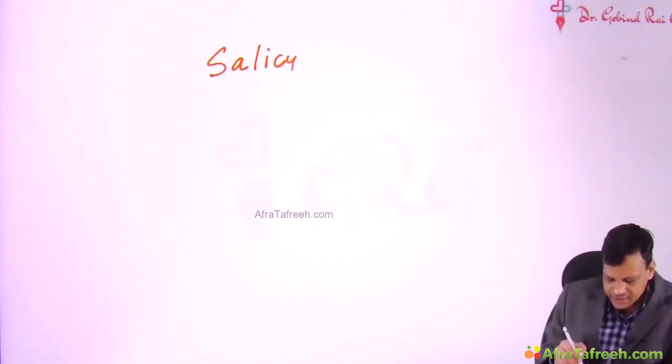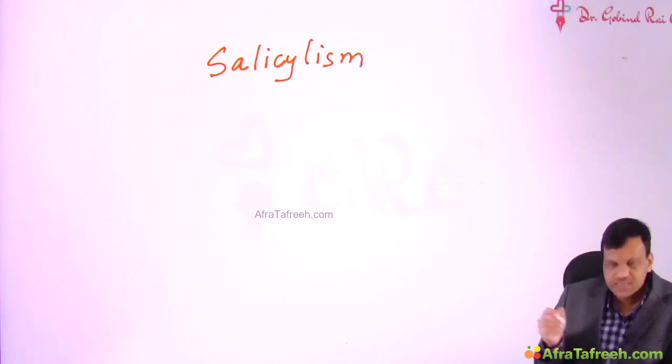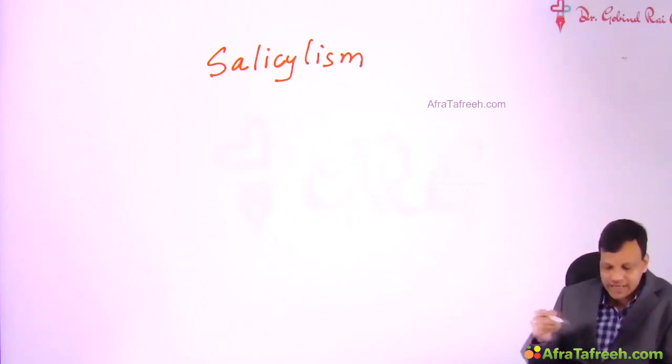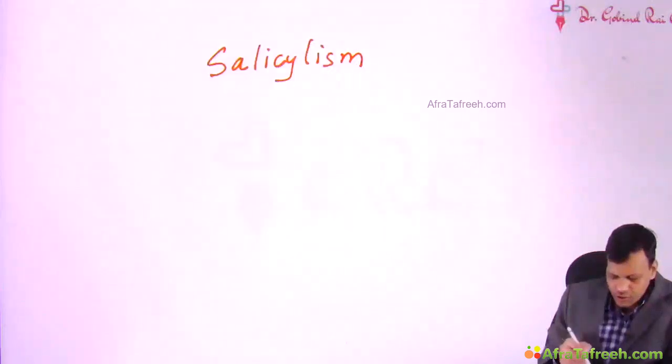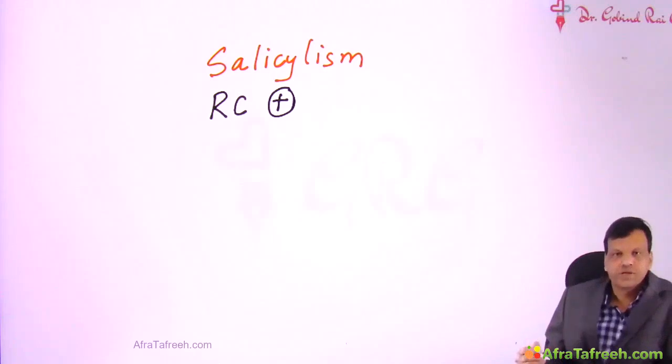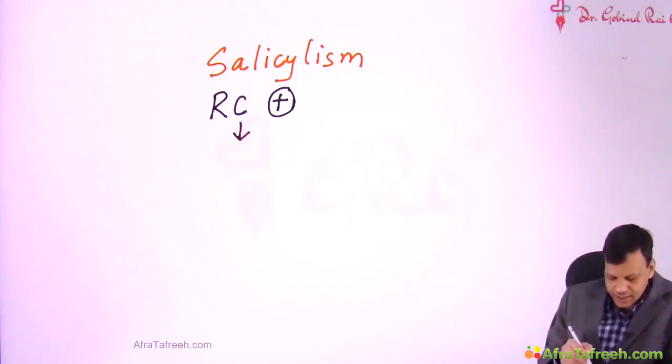Now in aspirin poisoning, what happens if a person takes an overdose of aspirin? The condition is called salicylism. In overdose, aspirin stimulates the respiratory center of the brain. When the respiratory center is stimulated, there will be hyperventilation.